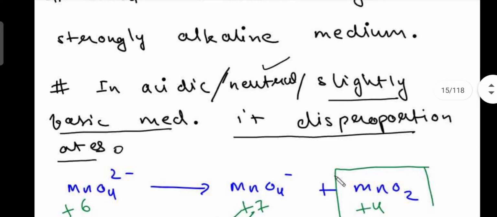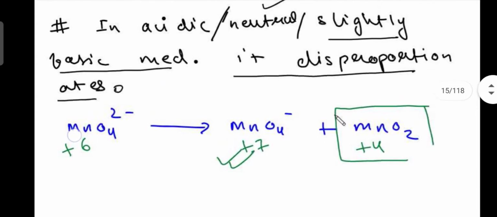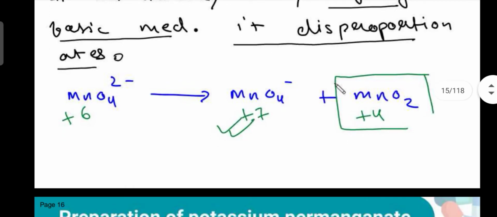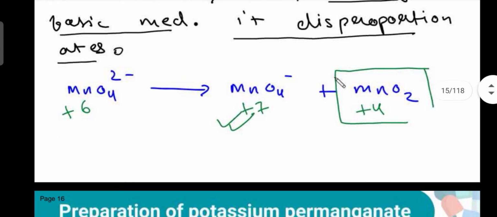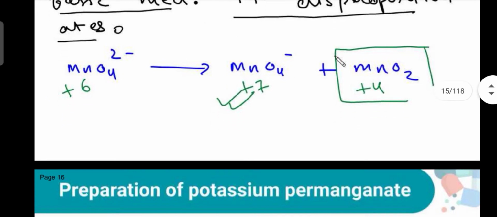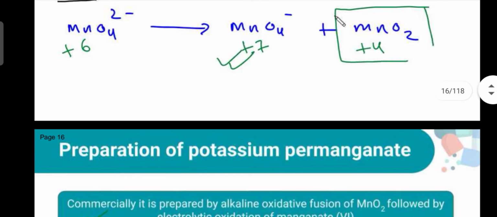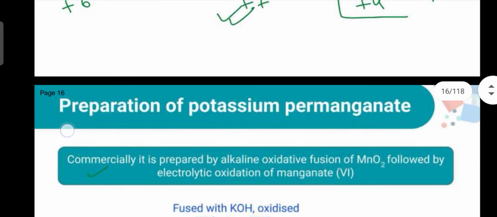In acidic, neutral, slightly basic medium, manganate also disproportionates to give MnO4 minus plus MnO2. MnO4 minus is plus 7 oxidation state, and manganate is in plus 6 oxidation state. However, we also get pyrolusite, MnO2, which is in plus 4 oxidation state.